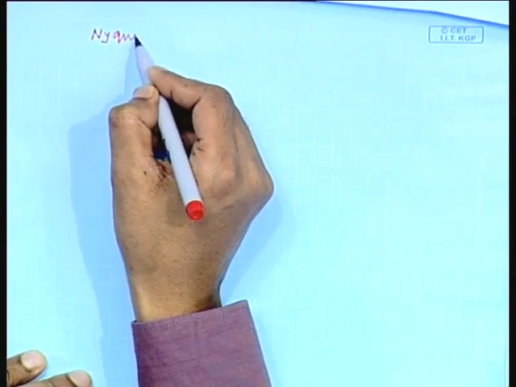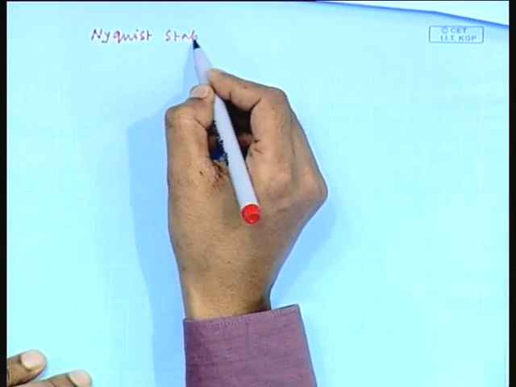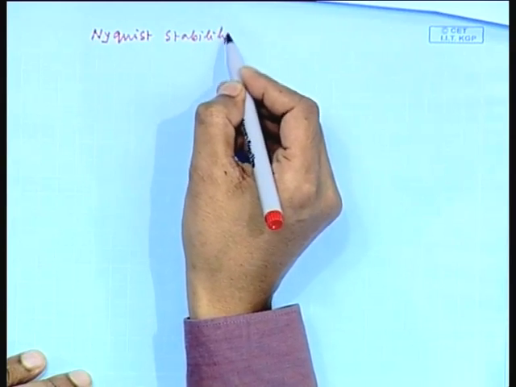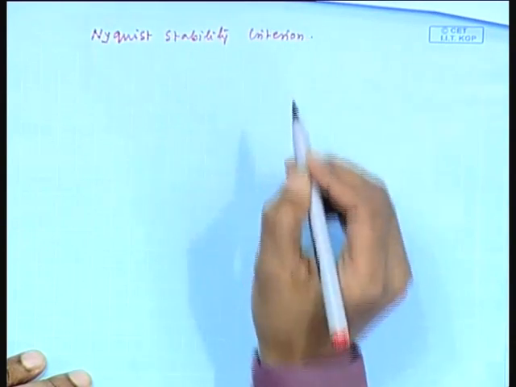So, now we will use that plot for stability analysis. So, our next topic is Nyquist stability criteria.